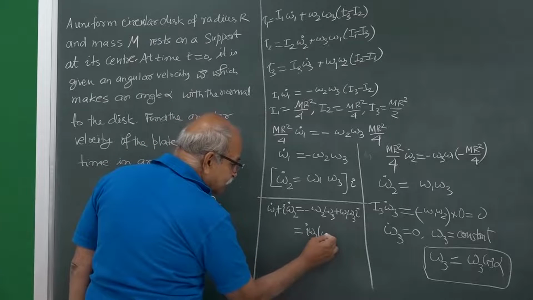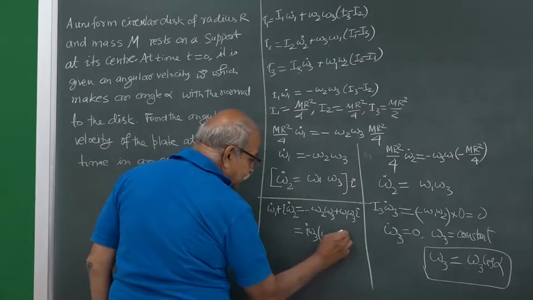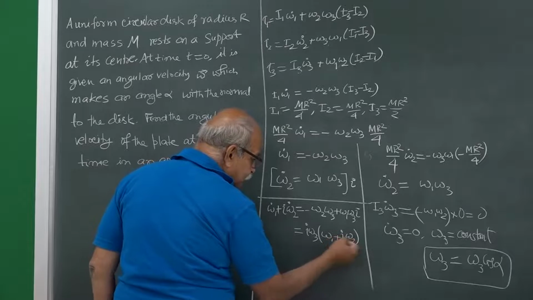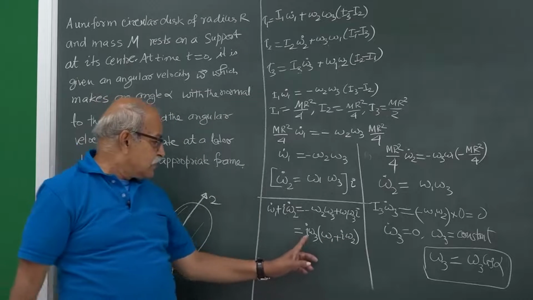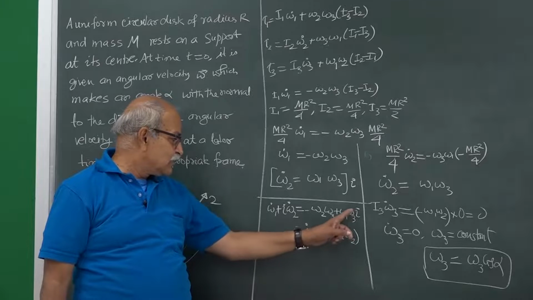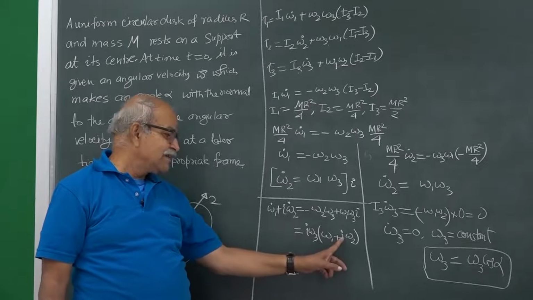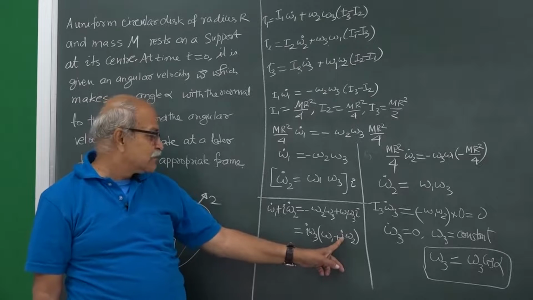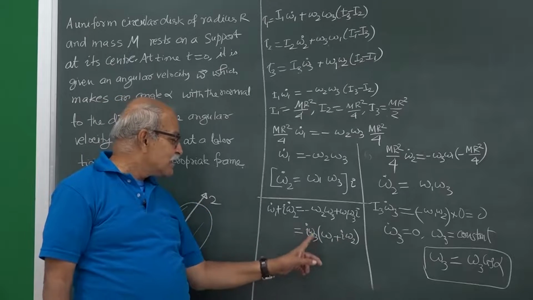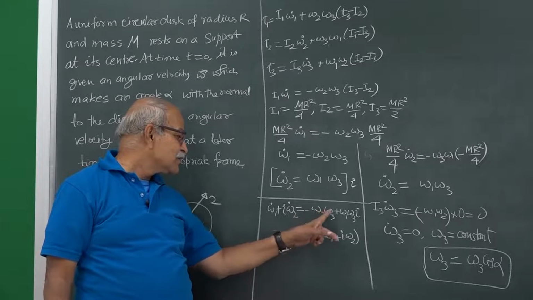From here I get omega 1, and from here I get plus i omega 2, right. You can check. When I multiply this, I get i omega 3 omega 1, which is here. When I multiply this, i into i is i square, that is minus 1, and then omega 3 into omega 2. So, here is minus 1 and here is omega 2 into omega 3.